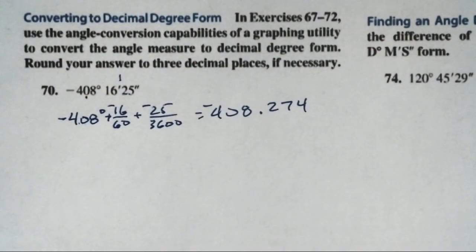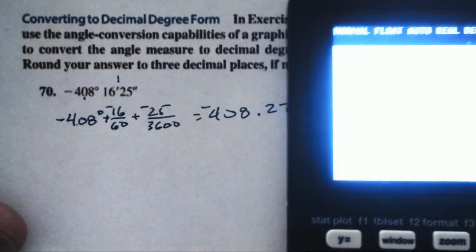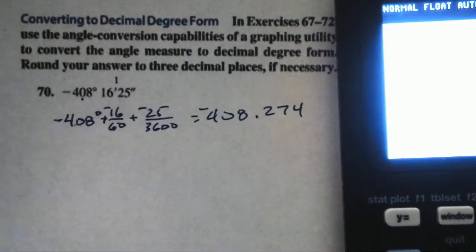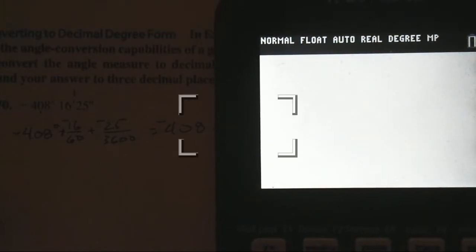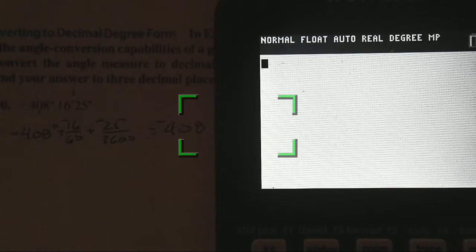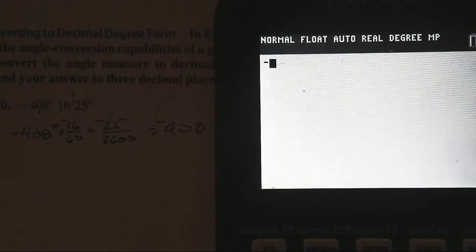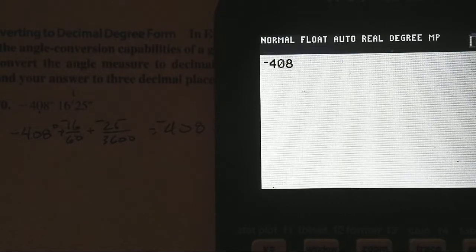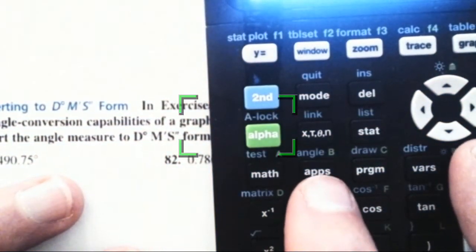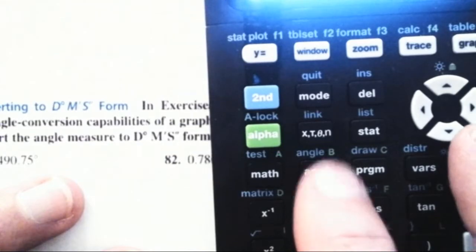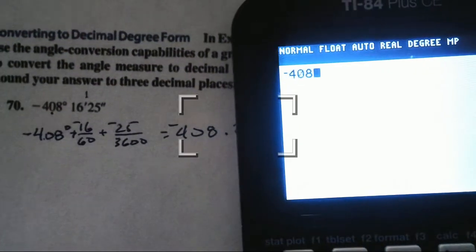But I want to show you that your calculator will actually do that for you, and this is pretty slick. So I'm going to enter negative 408, and I'm going to put a degree symbol after that with second angle here, second apps is angle.